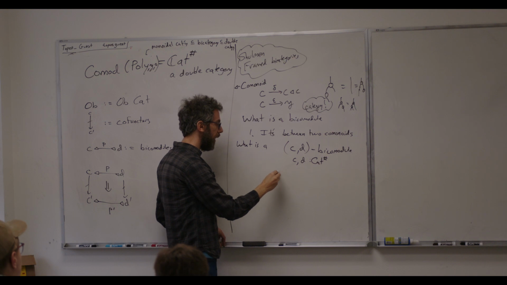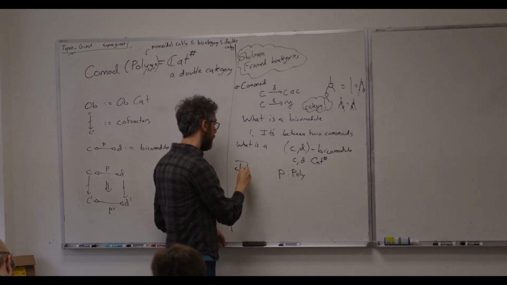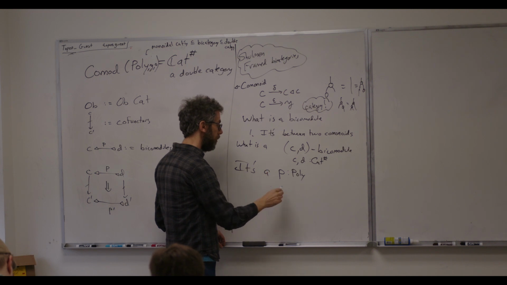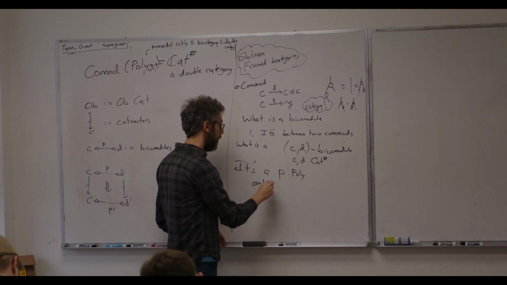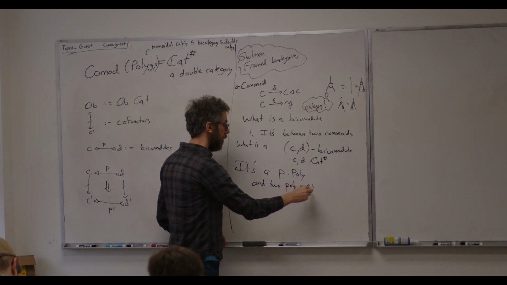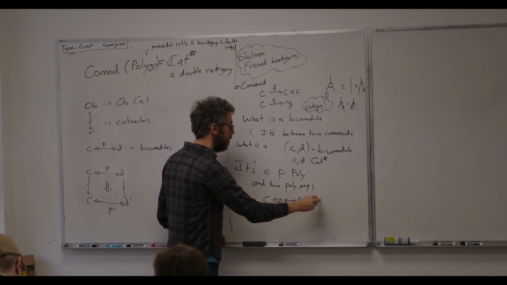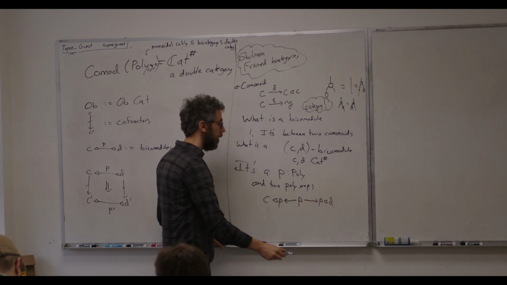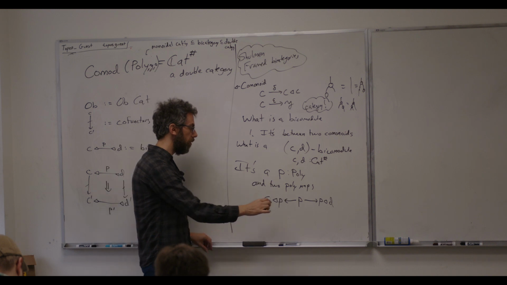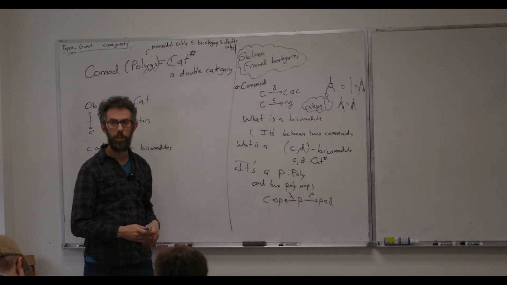Okay, well, a C-D bicomodule is a polynomial P and two maps, just regular old polynomial maps, P to C tri P and P to P tri D. We'll call these lambda and rho. And this is just copy-pasted from the definition.